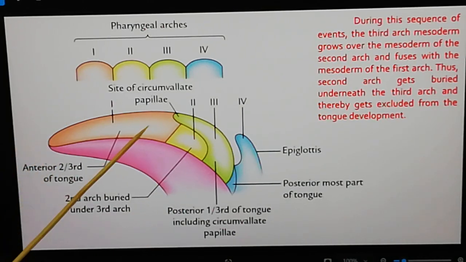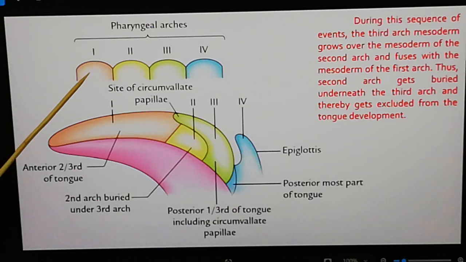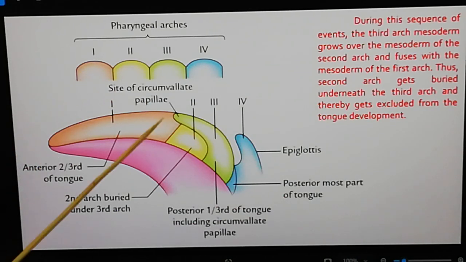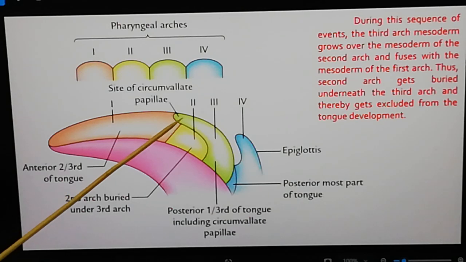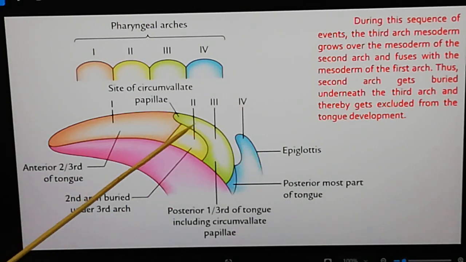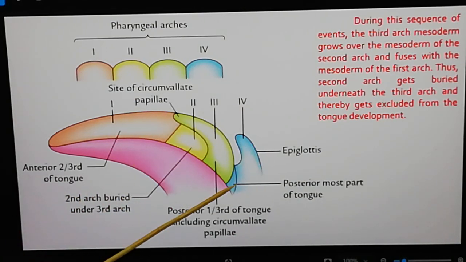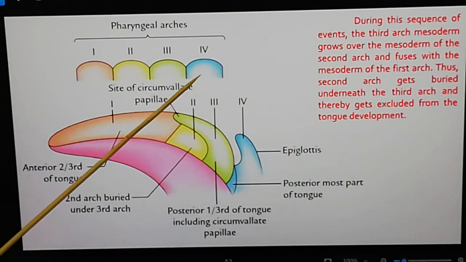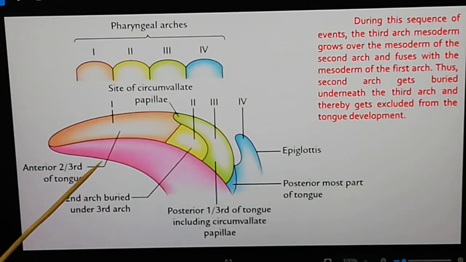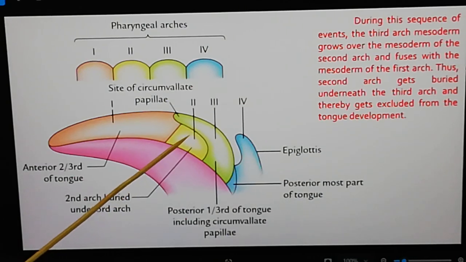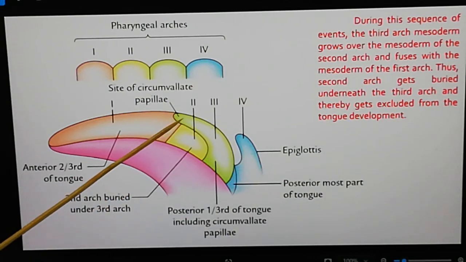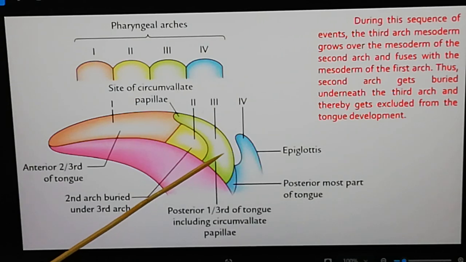Another important picture, schematically drawn to make it clear how the tongue takes its contribution from various pharyngeal arches. Anterior two-third via the first arch, the second arch being buried, and the third arch takes over in the formation of the posterior one-third, and the most posterior part is via the fourth pharyngeal arch, right? As the second one is buried, the third arch takes over in the formation of the posterior one-third.